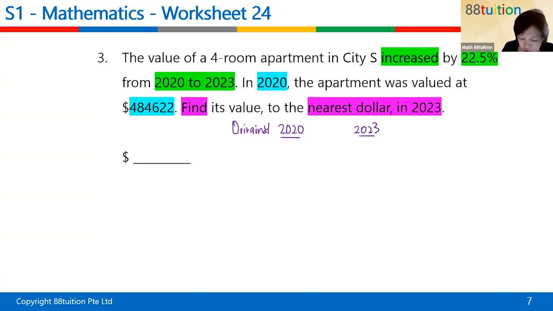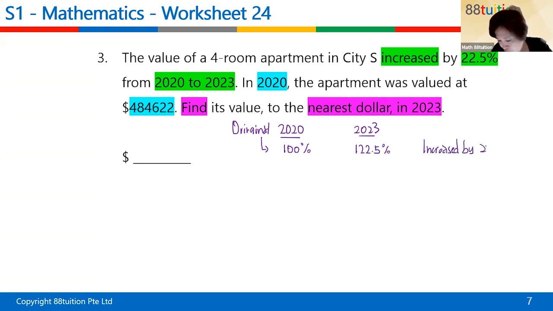It increases by 22.5%, meaning to say when this is the original, it is forever 100%. And it was increased by 22.5. So this one will be 122.5%. This has shown an increase over time by 22.5%. Okay.